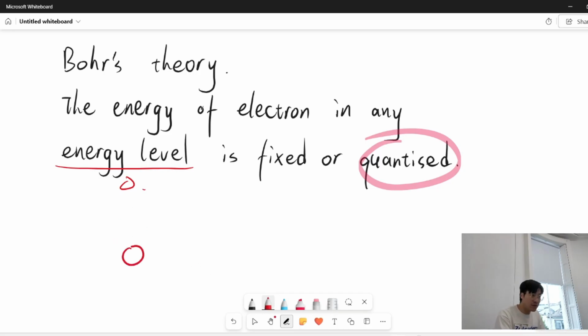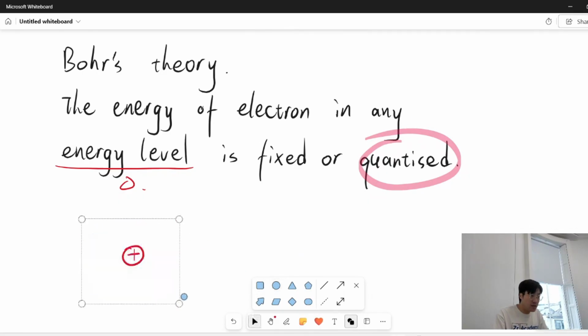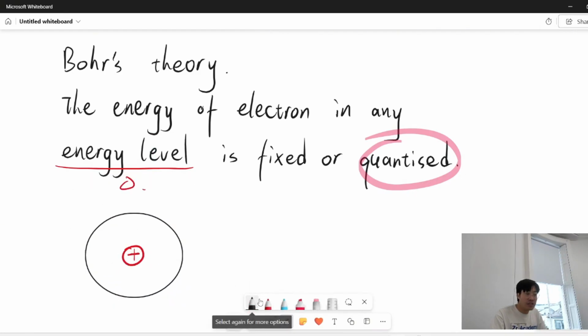So for example, this is the positive nucleus of the atom. So the electron can be on an orbit like this. So in Bohr's theory, we call this an orbit, where there's only fixed energy on these orbits.